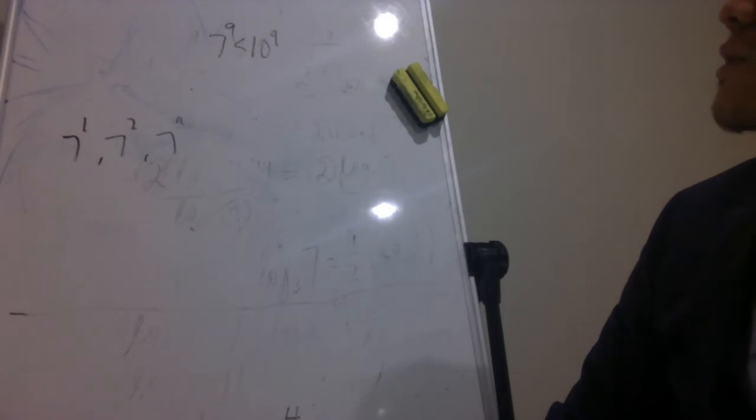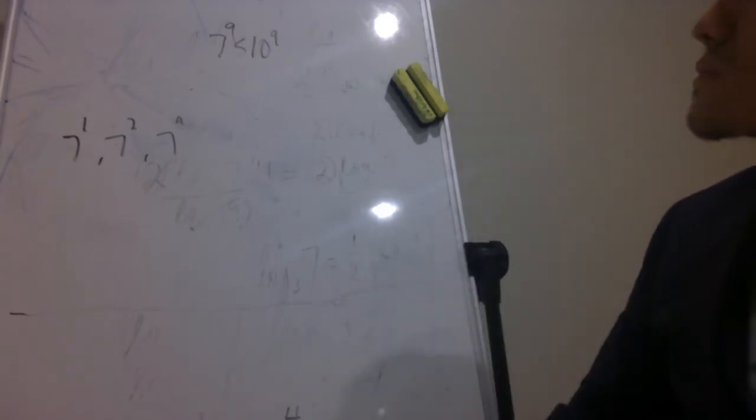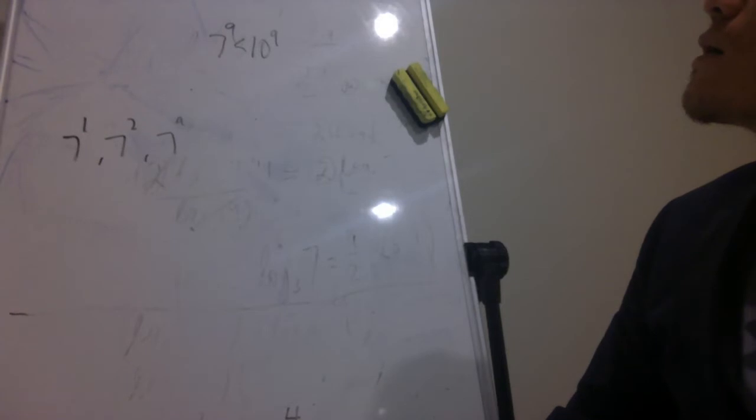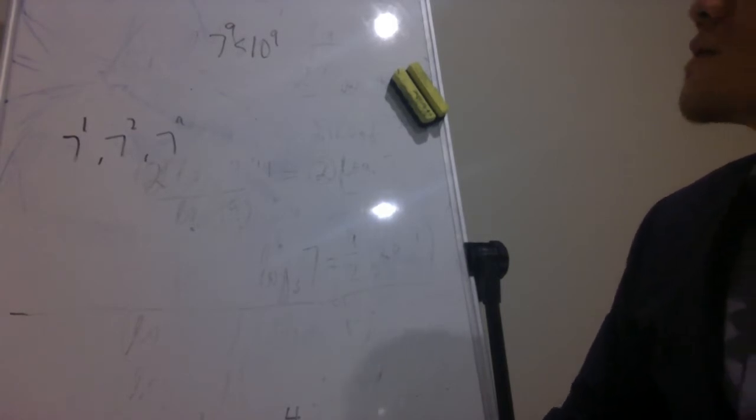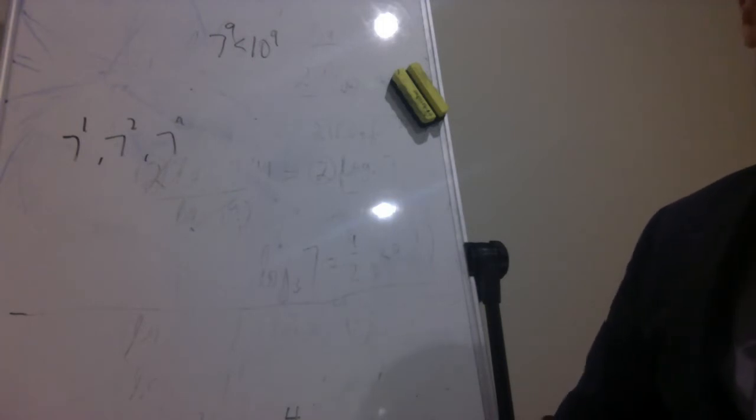How do we go further? Yeah, so what power of 7 is just less than a billion, you know?